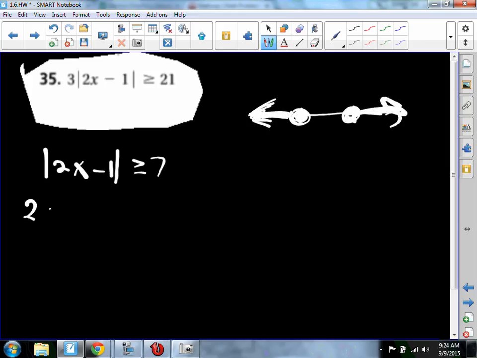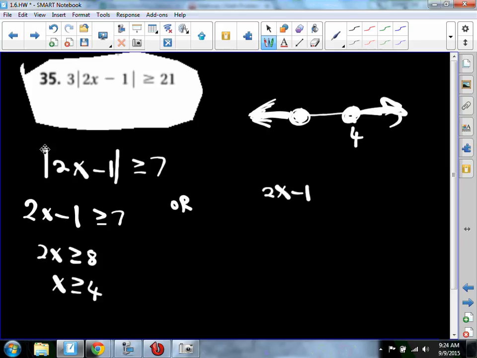So we'll have 2x minus 1 is greater than or equal to 7. So 2x is greater than or equal to 8, x is greater than or equal to 4. And if I'm using words, I want the word or. 2x minus 1 is less than or equal to negative 7, 2x is less than or equal to negative 6, x is less than or equal to negative 3.